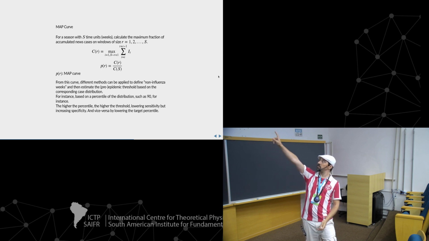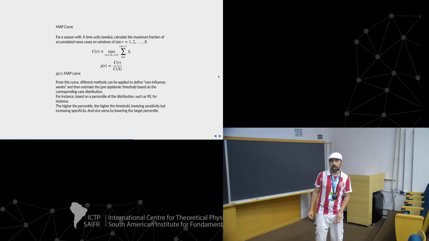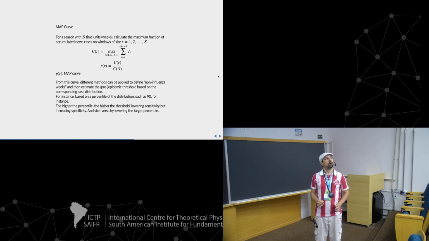Again, for each value of R it is the percentage of accumulated cases over the total number of all observed cases. So it's the maximum for that particular window size over the total counts. For a window of size 1, I'm always looking at the maximum, right?